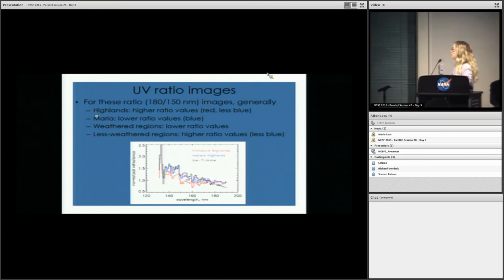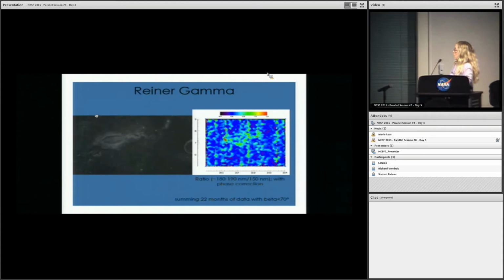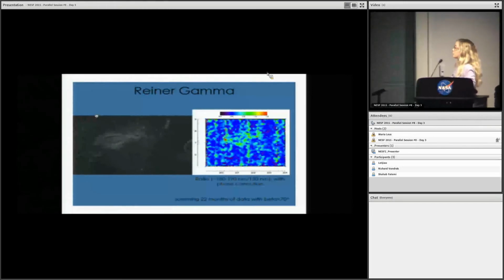Okay, so when I show you ratio images, I'm going to show you longer wavelengths ratioed to shorter wavelengths. And here's Reiner Gamma. So here's a visible image. Everybody, I think, recognizes Reiner Gamma. Here is the FUV ratio image of the same region.